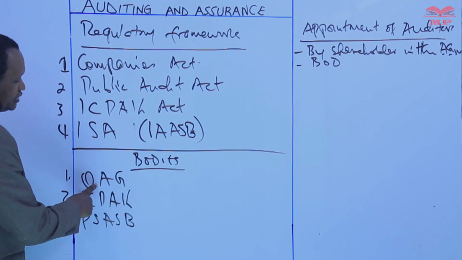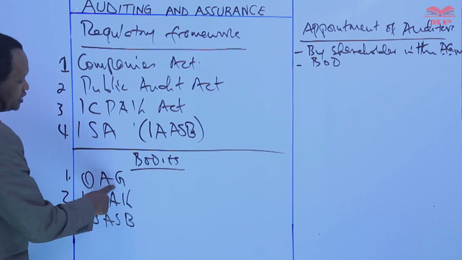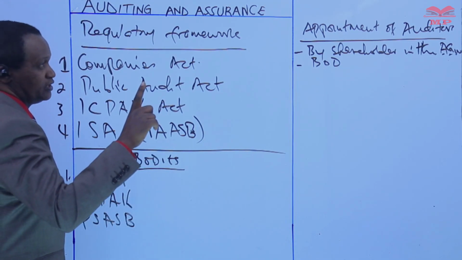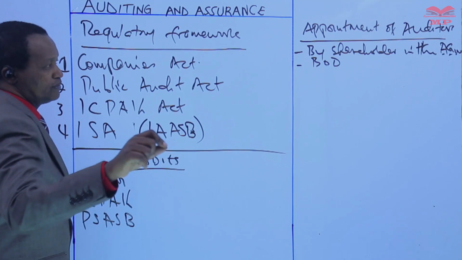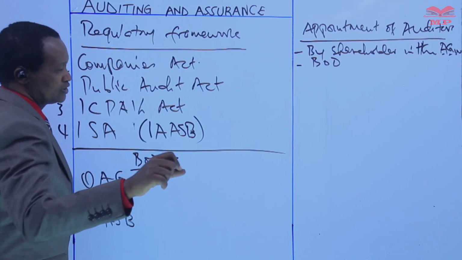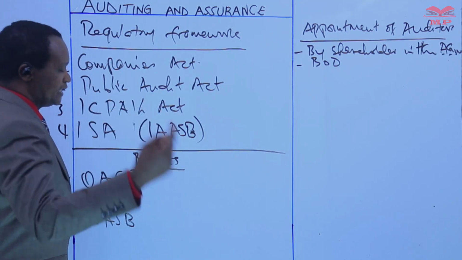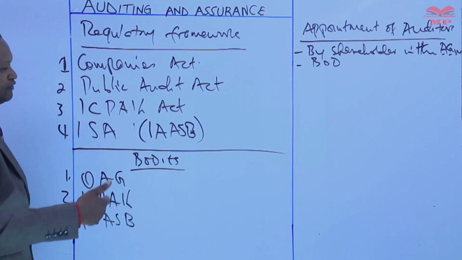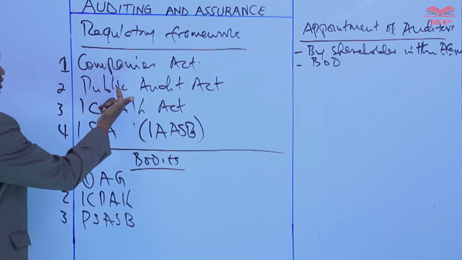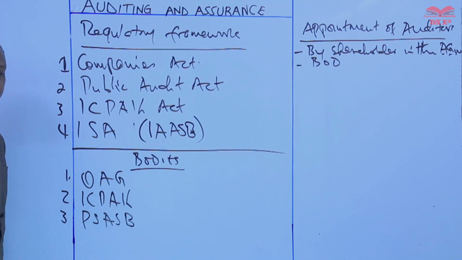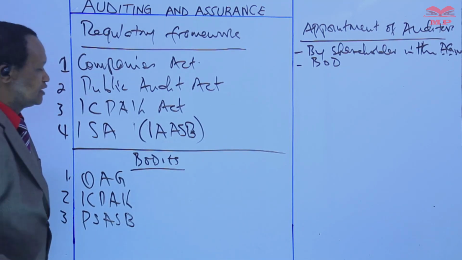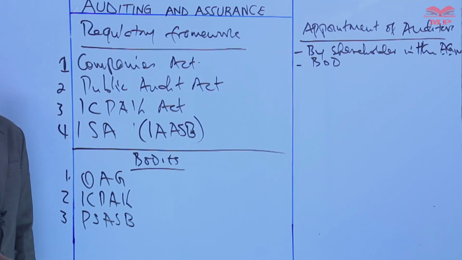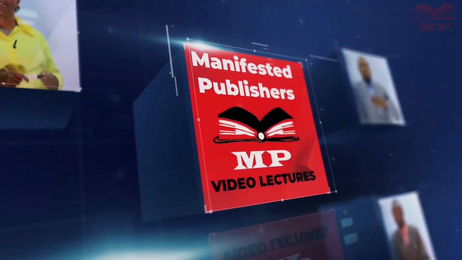And we stated that the Office of the Auditor General is responsible for the audit of the county and national government accounts and public entities. But we have the Public Audit Act, which also spells out many other aspects of the audit of public entities.